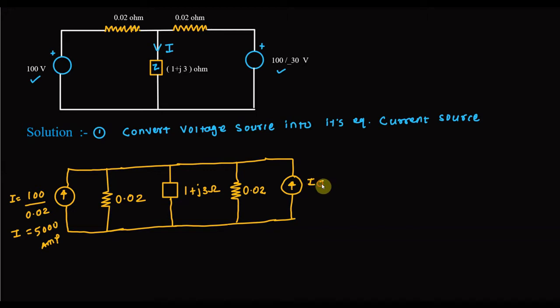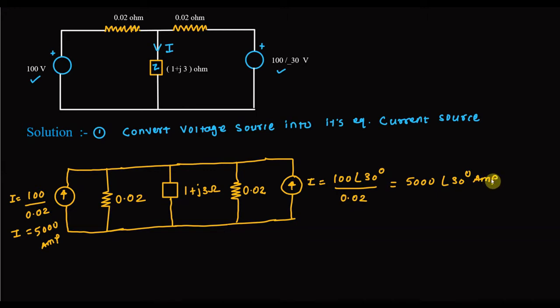The value of this current source is 100 at an angle 30 degree divided by the resistance 0.02. So this value comes out to be 100 by 0.02. We have just seen, 5000. The angle will be as it is. So it is 5000 at an angle 30 degree.